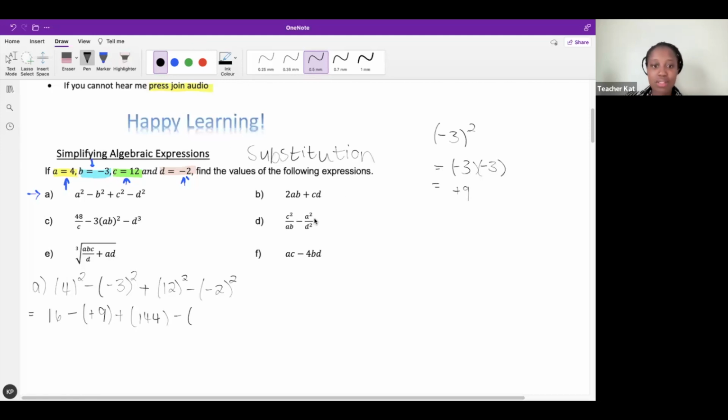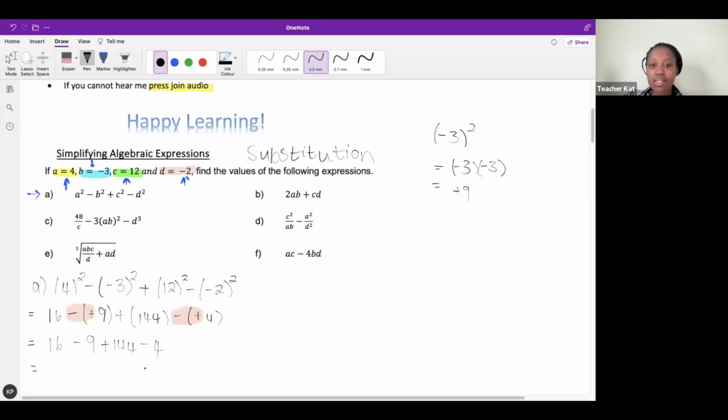What does that give us? Nice, Putlali, +4. Now, these negatives outside and this positive inside my bracket, what are those going to give me? A positive and a negative give me a negative. So then I'm going to rewrite this with the correct symbols. So this is 16 minus 9 plus 144 minus 4.